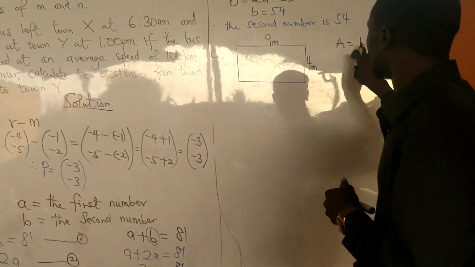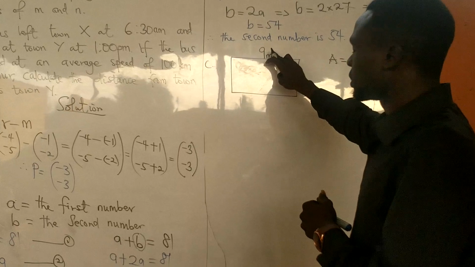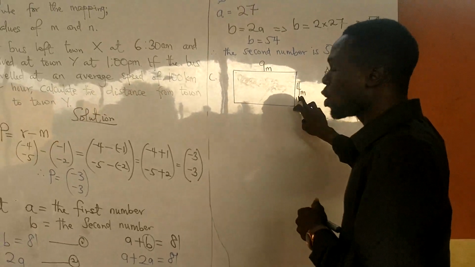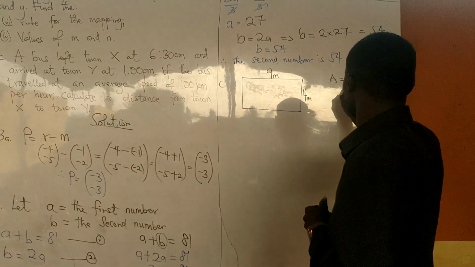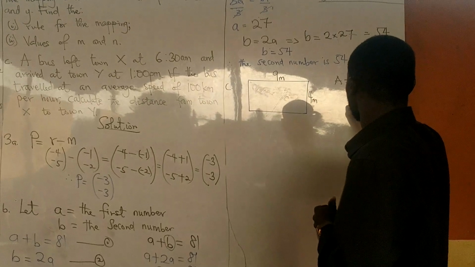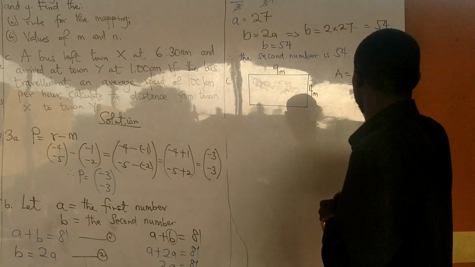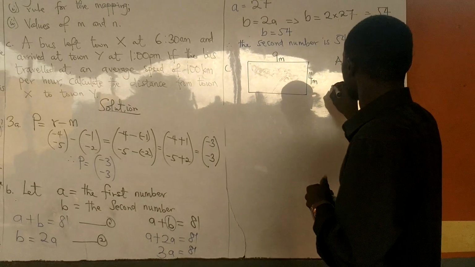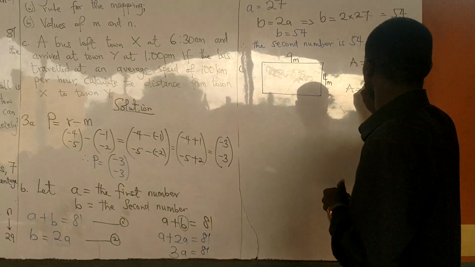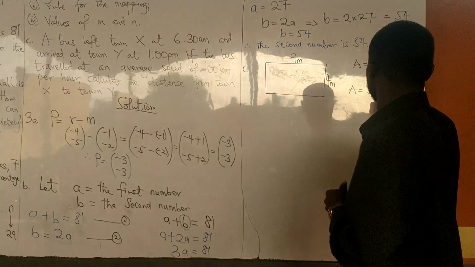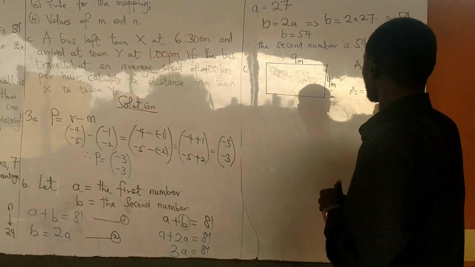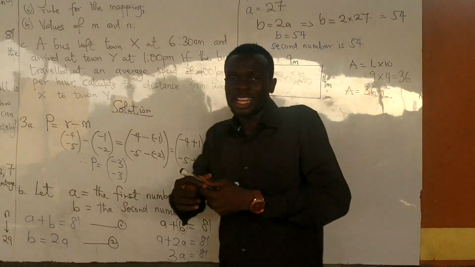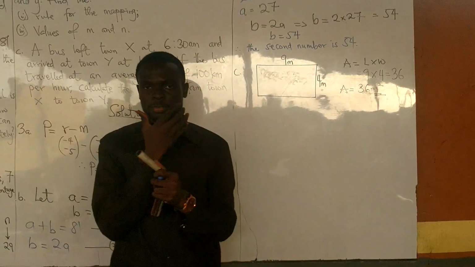And what is the length? 9 meters. The width, 4 meters. So substitute. This is going to give me 9 times 4, which is equal to 36. So the area of the rectangle is going to give me 36 meters squared. This is the area of the rectangular floor.